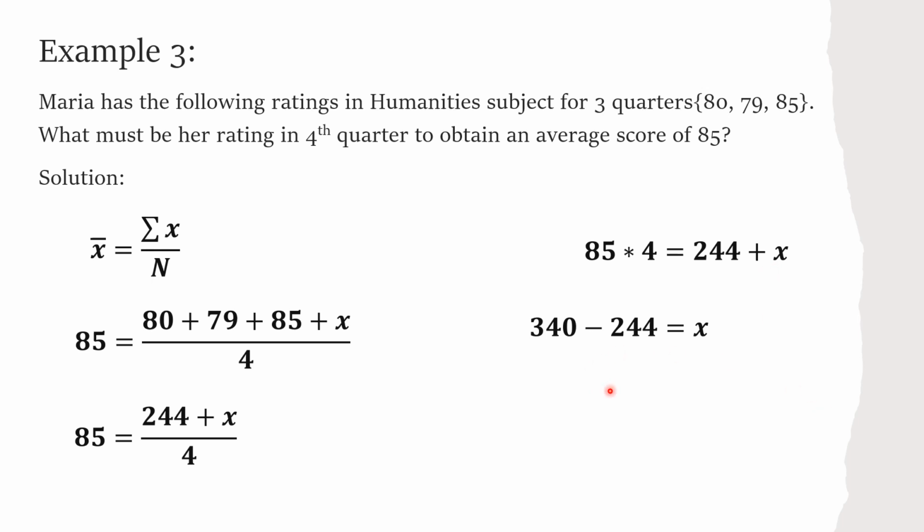Then by additive inverse, 85 times 4 is 340 minus 244 equals X. Therefore, her rating must be 96 for the fourth quarter in order for Maria to get the average score of 85.